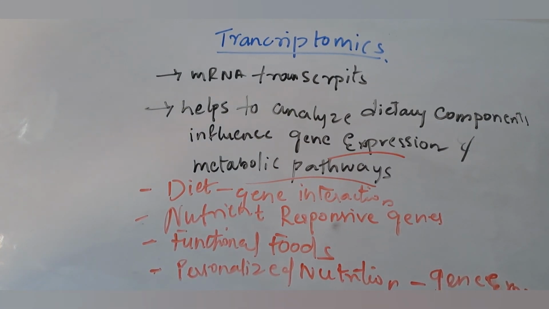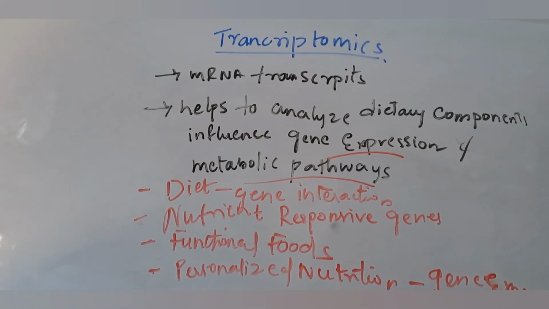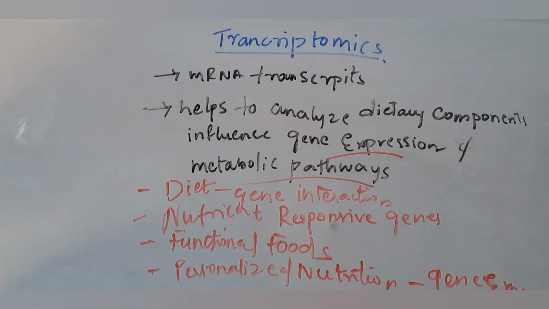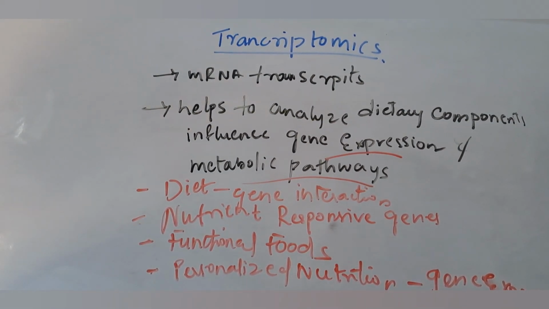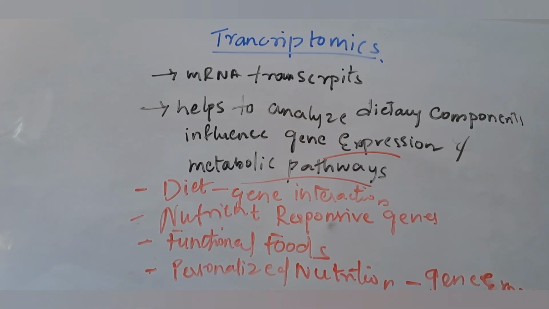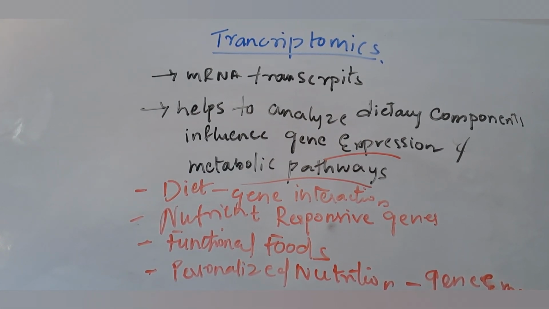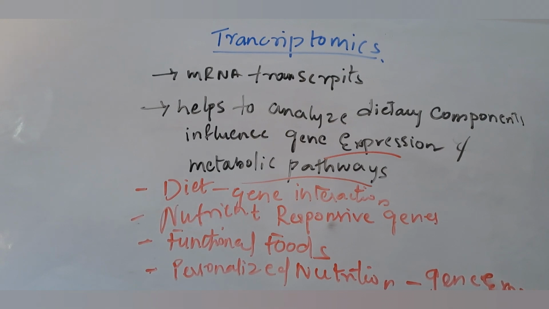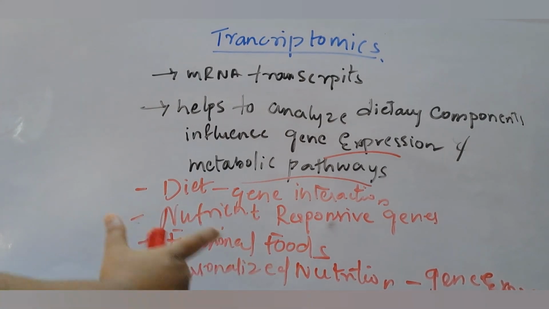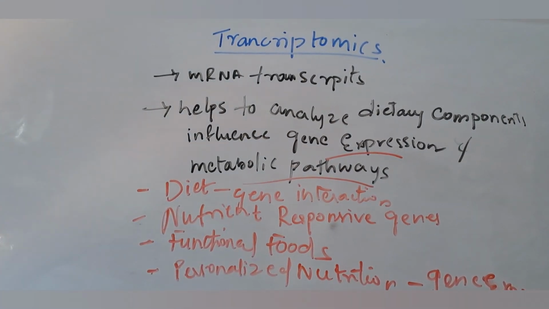Okay, that is how we say vitamin D influences this gene and that gene through diet-gene interaction. So that is the best example. That means certain nutrients regulate gene expression through transcription factors. So that is the main point in diet-gene interaction.